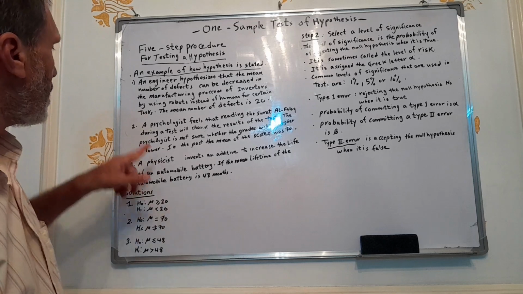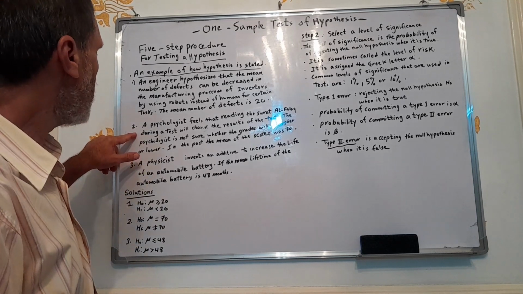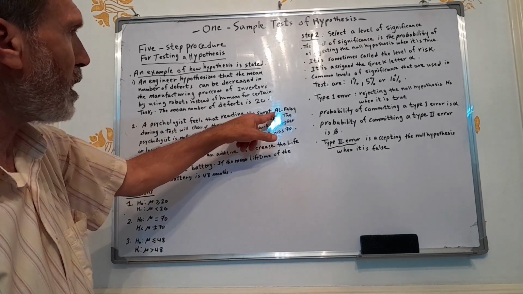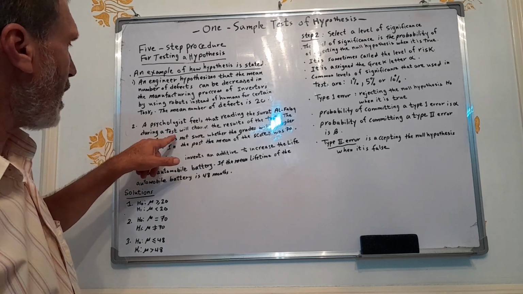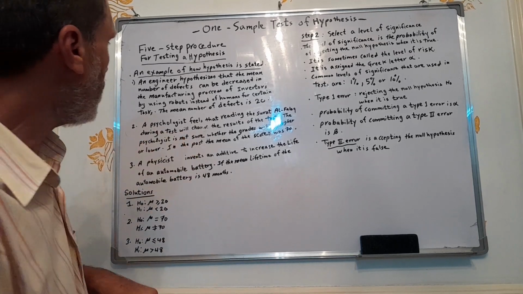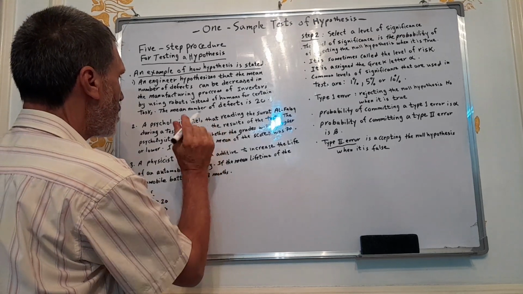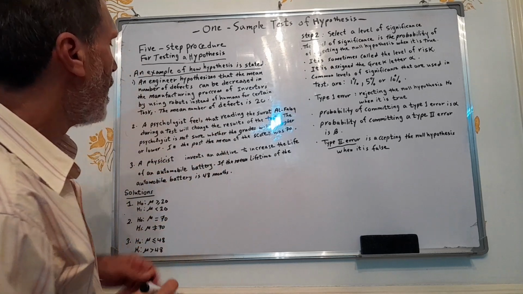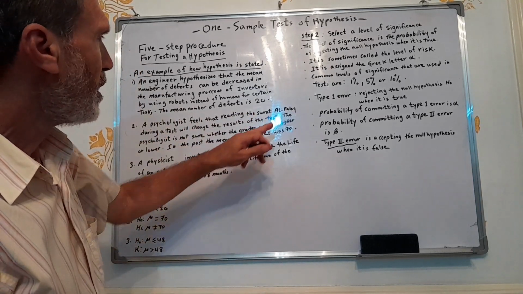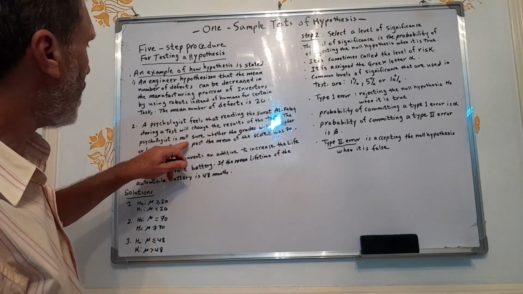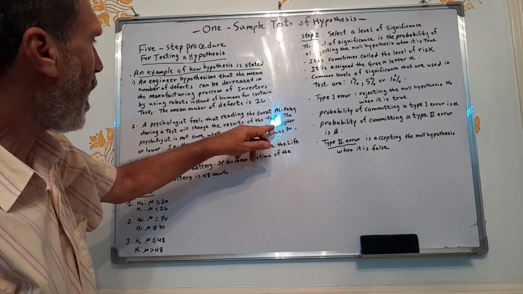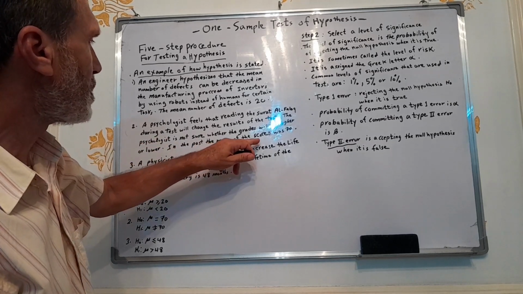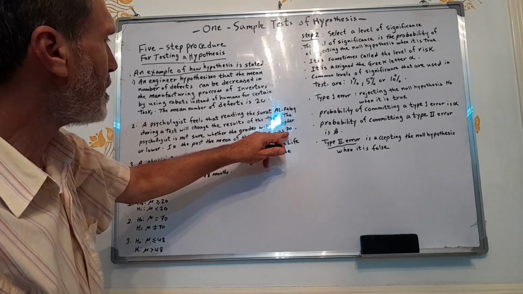Now let's look at the second question. The second question says, a psychologist feels that reading the Surat al-Falaq during a test will change the results of the test. The psychologist is not sure whether the grades will be higher or lower. In the past, the mean of the scores was 70.